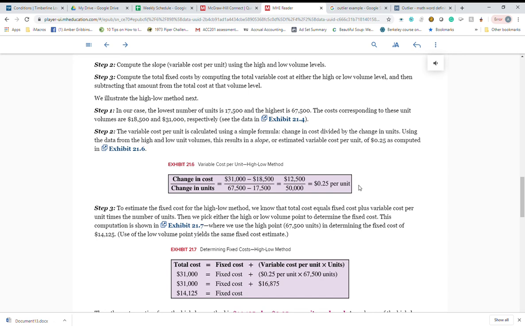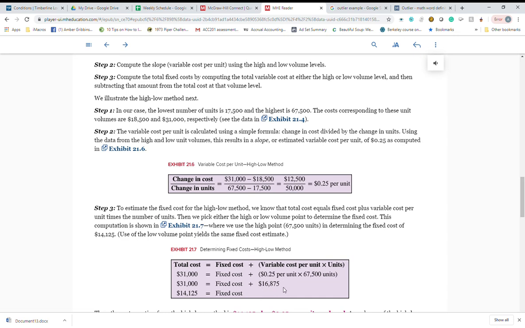All I'm going to tell you is, when you get to this part of the equation, find the variable cost per unit that you've got, and pick the highest number of units that you have from the very first part, which is right here. This is our 67 that we picked out.